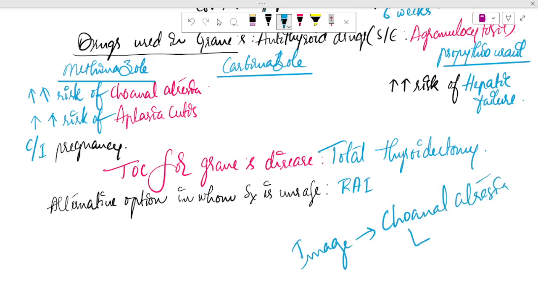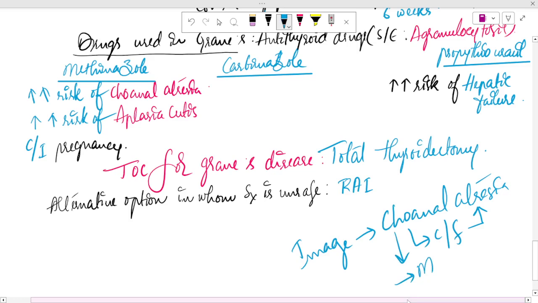You might be given the clinical features of choanal atresia, and you will be asked which drug causes this. In the options, you will be given methimazole, carbimazole, sodium valproate, and donepezil. What is the answer?